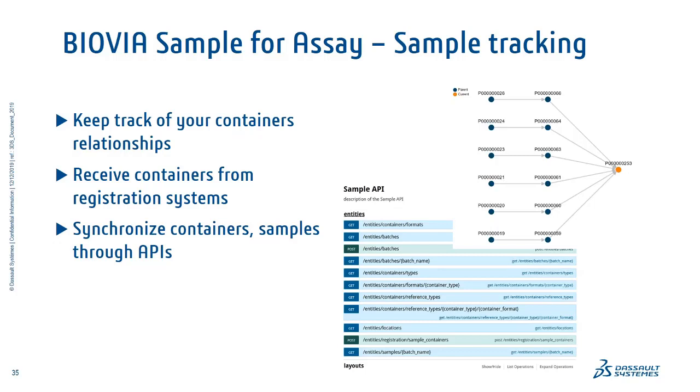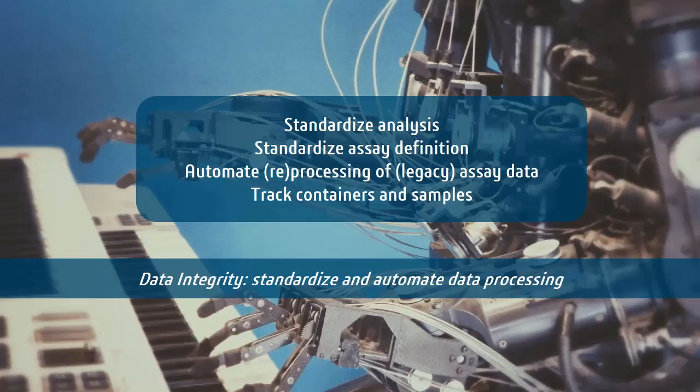So again, here the idea is to guide the user as much as possible through the workflow, and that synchronization of containers and samples is made easy by the availability of APIs that allow for these integrations between sample and other systems. So data integrity is really about, as I said before, standardizing the analysis, standardizing the assay definitions, automating as much as possible the process of assay data, including legacy data, again letting you stay in control, and the tracking of all the information around the assay, in particular containers and samples.